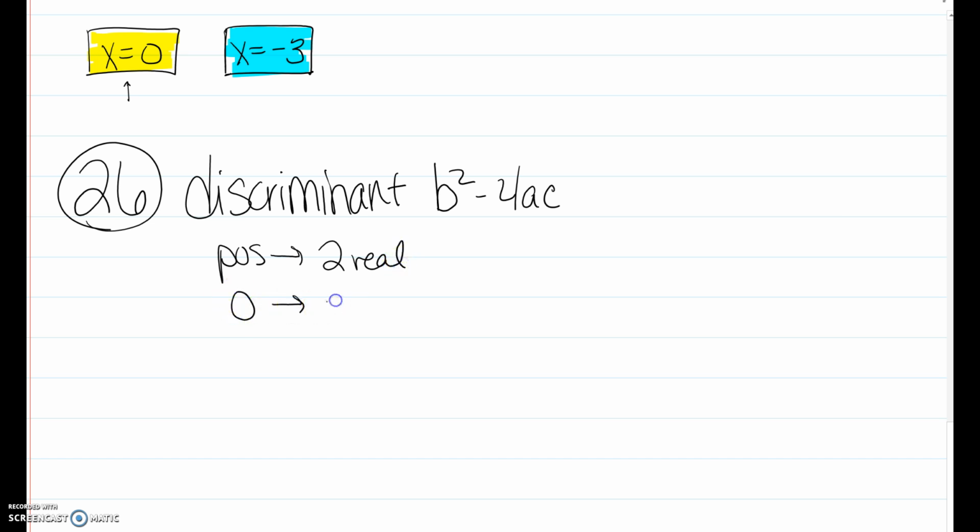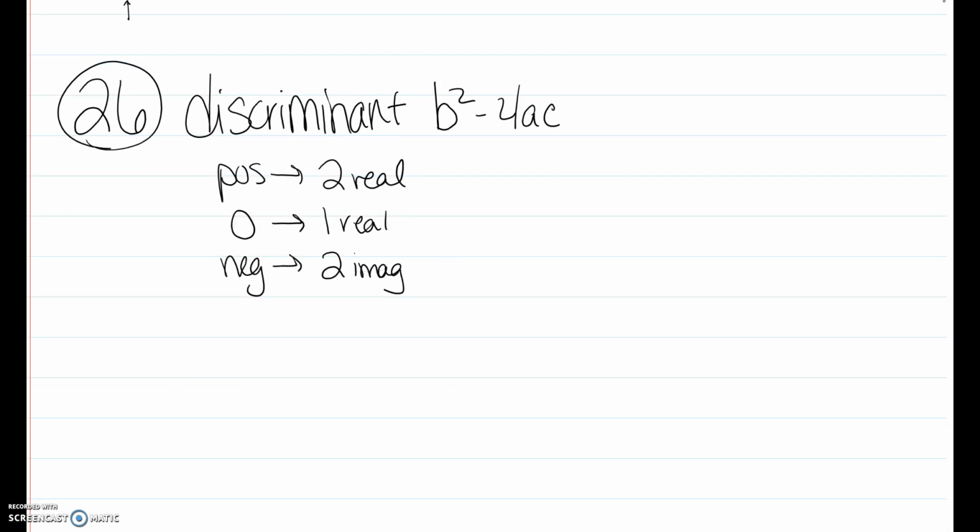If you get 0, that means 1 real solution. If you get a negative number, that means 2 imaginary solutions. And the object dropped or thrown formula, that h equals -16t squared plus v sub 0 t plus h sub 0, that will be on the board exactly as you see it.